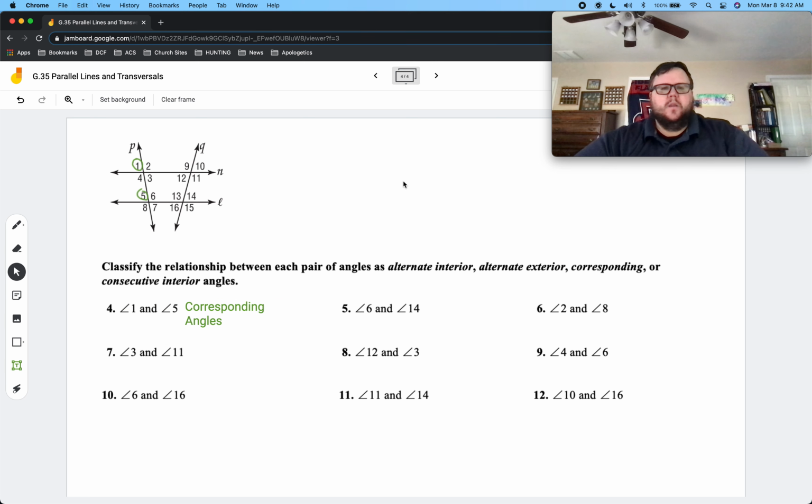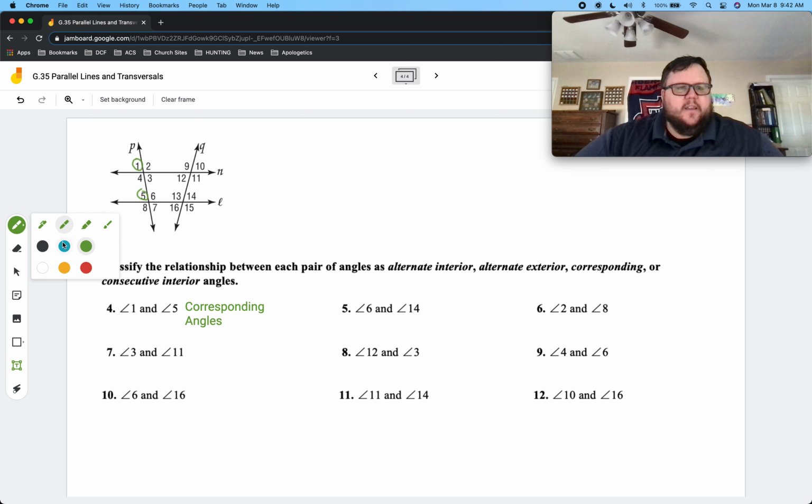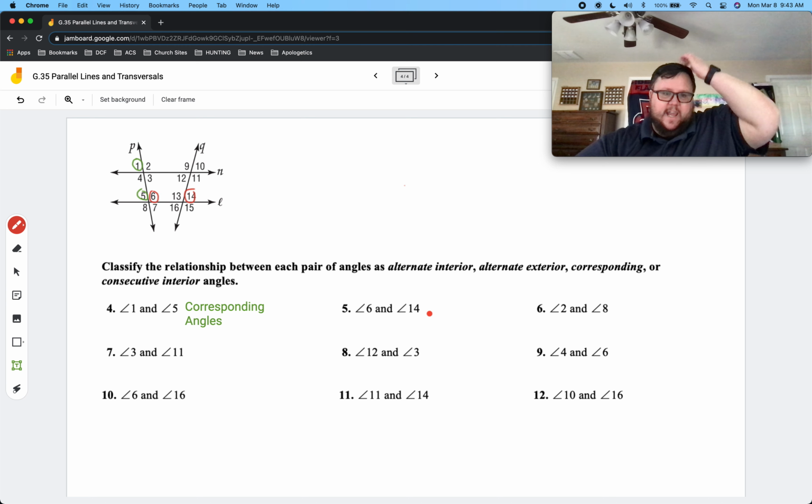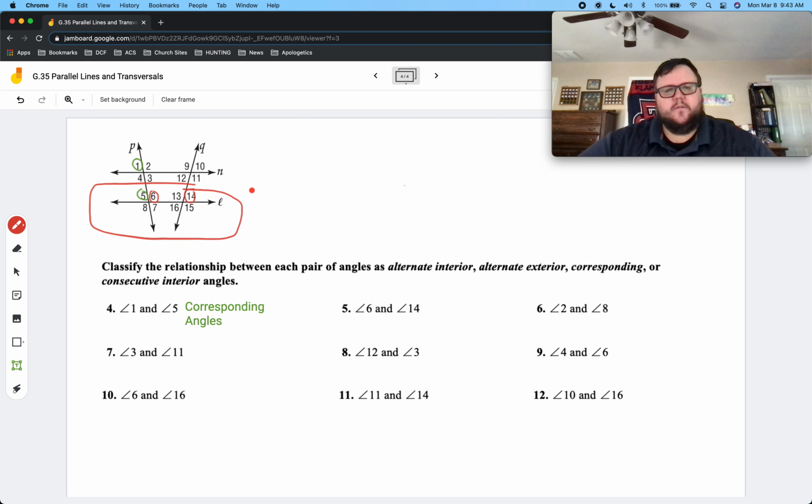All right. Now let's look at number 5, angle 6 and angle 14. If I'm looking at it, angle 6 and 14, again, now we're looking from here, this section here.